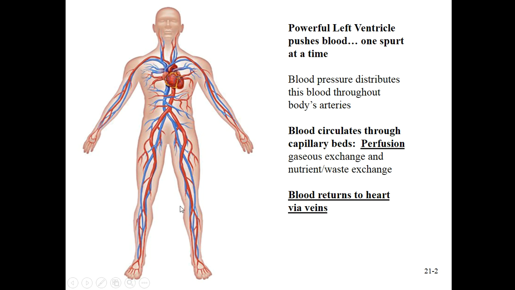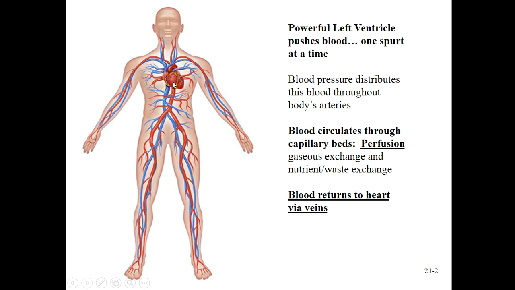Let's look at the big toe. Could we get from the heart to the big toe? Sure. Does the blood pressure push oxygen and nutrients in the blood all the way to your big toe? Naturally. Your big toe is alive and metabolically active, and so it's generating waste and carbon dioxide, which will then follow more or less a parallel path, but this time back through the veins, and in this case into the heart through the inferior vena cava.